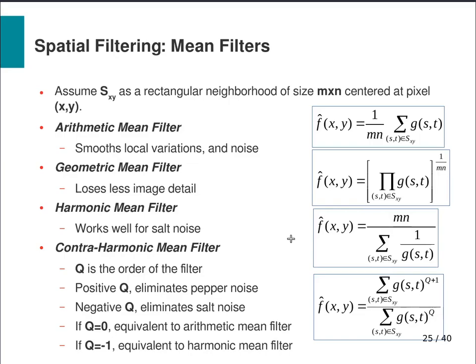Of course, application of these filters on images is very straightforward. What you need to do is scan the image row by row and column by column. For any given pixel, you define the rectangular neighborhood around it, and then based on the intensity values you calculate the new intensity value for that center pixel, and then you replace it in the image.